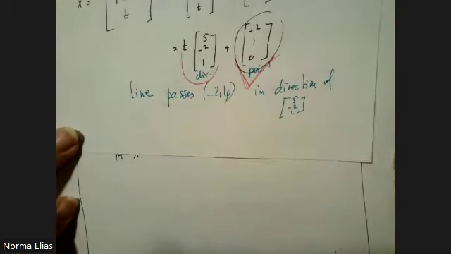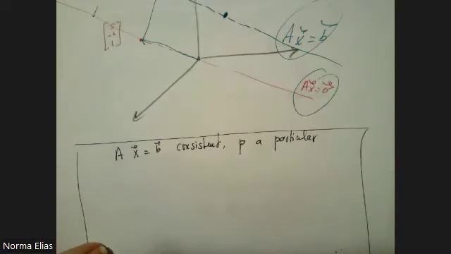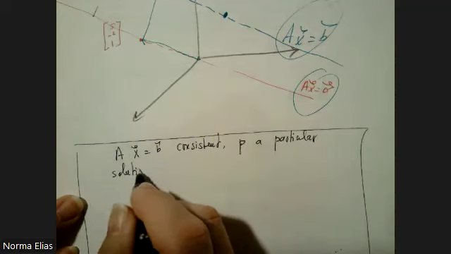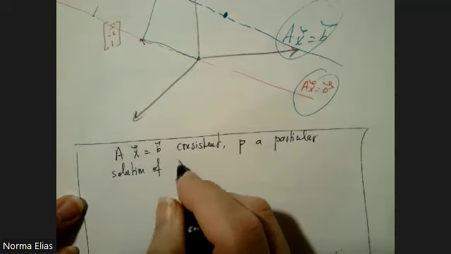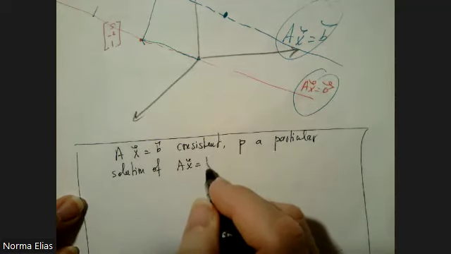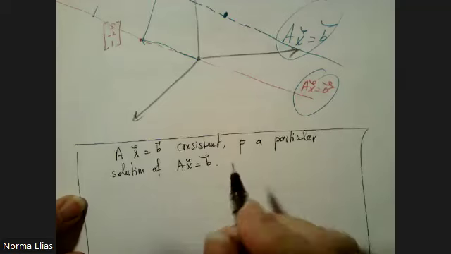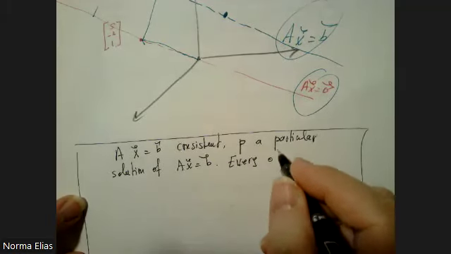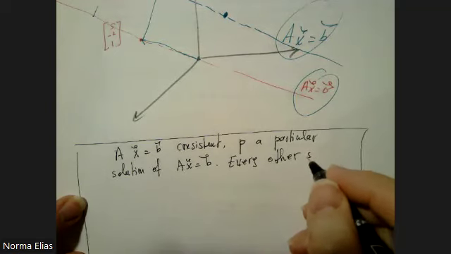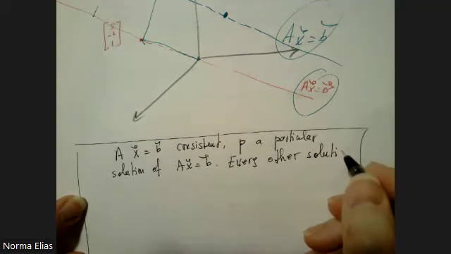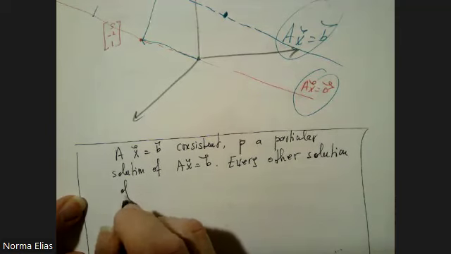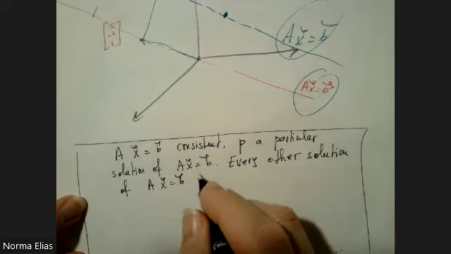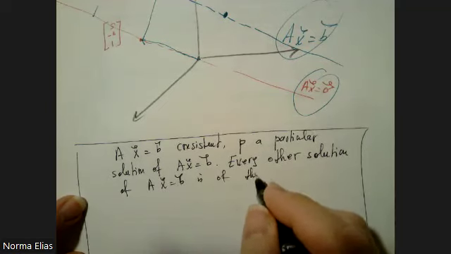That's a special solution. And p a particular solution of Ax equal to b. Then every other solution has the following form.